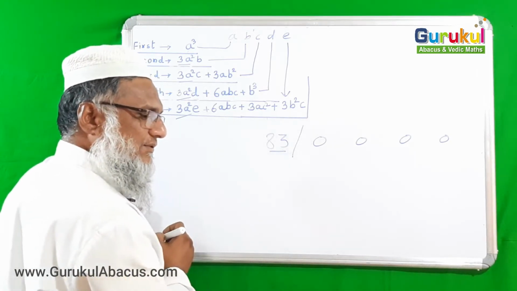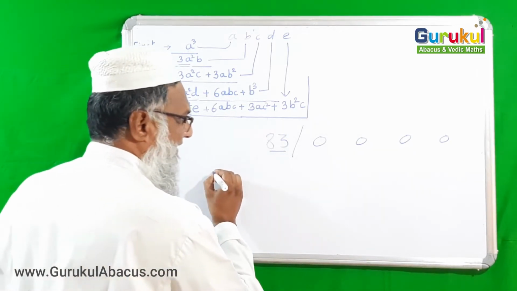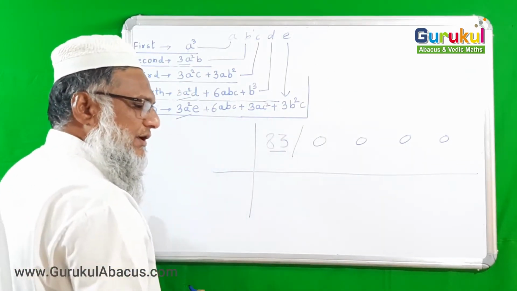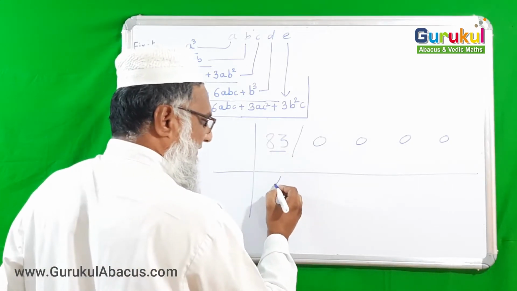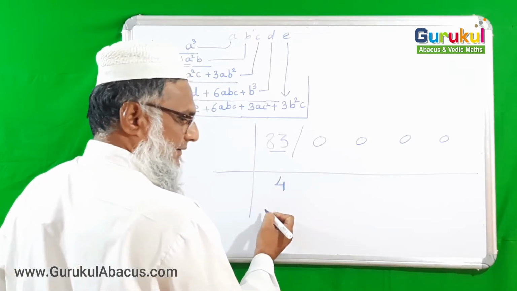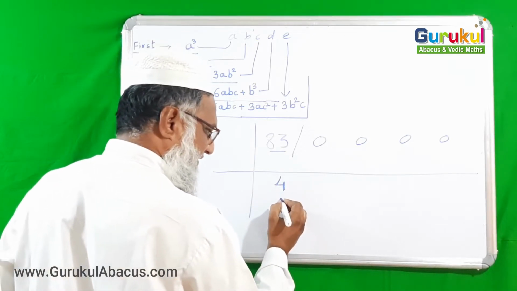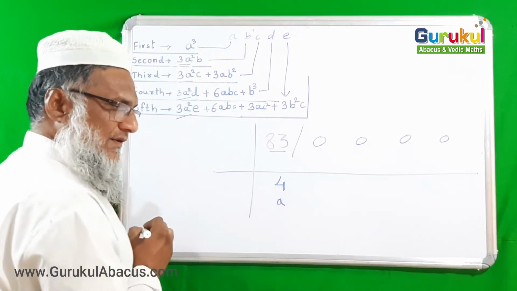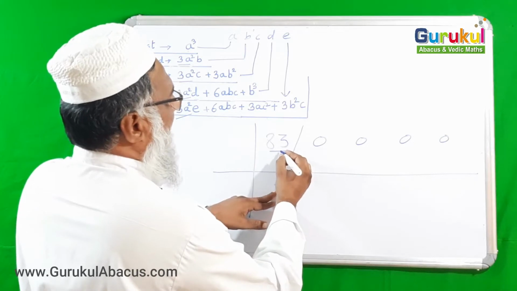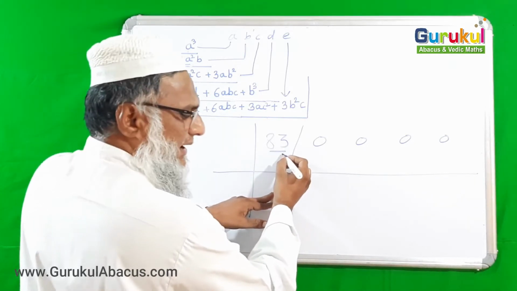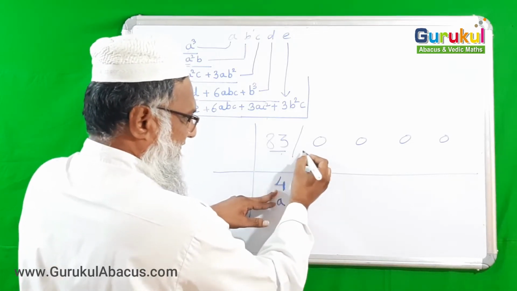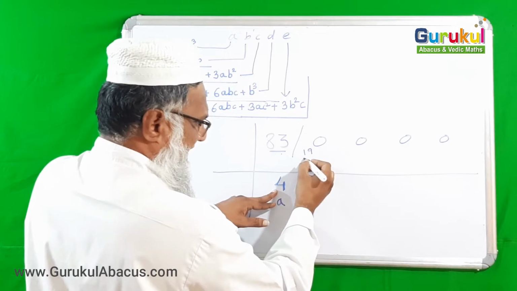Before that, I want to put one line so our solving would be easier. Here I want to take 4 as my first digit, a. Its cube is 64, which I subtract from it. 83 minus 64 is 19, which I keep with the zeros.